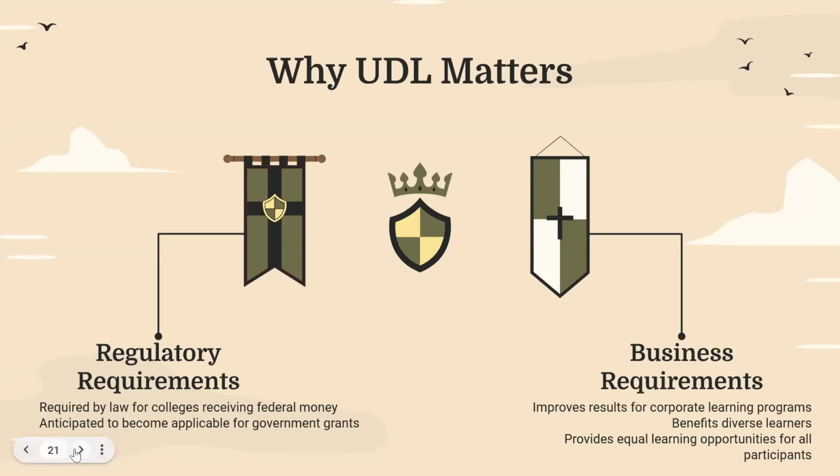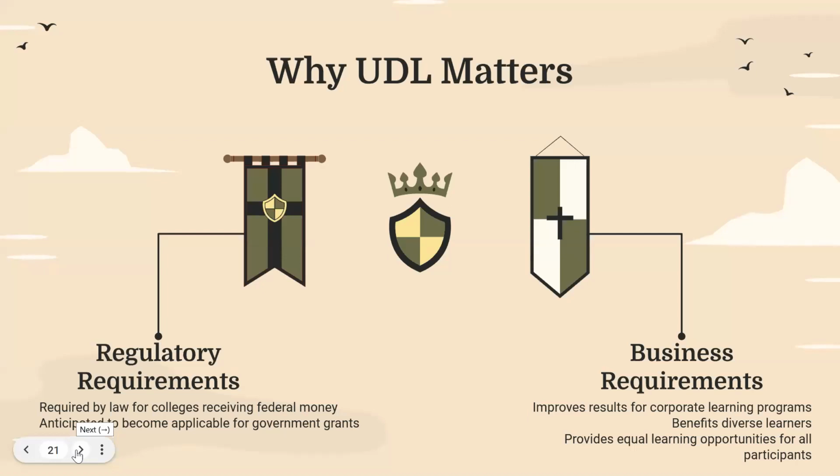The other part is just the idea of business, because we are a college, so we have that business side of things. And so what does UDL offer us? Well, it improves our learning programs. It improves the results. If students have what they need, they're going to have a better experience, they're going to be more satisfied, and they're going to have what they need to be successful.